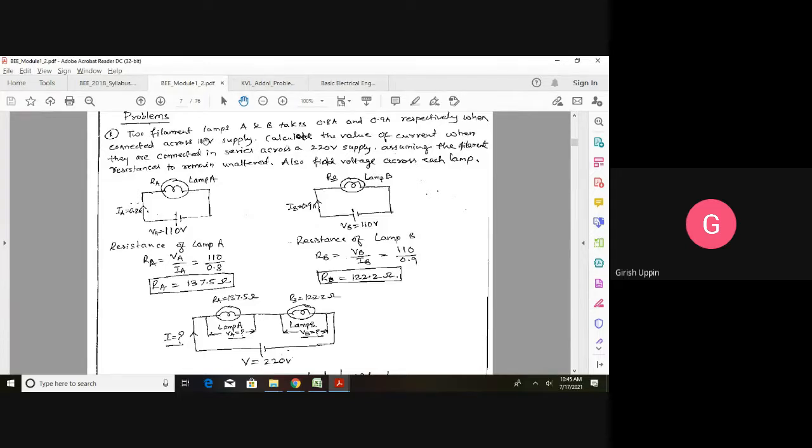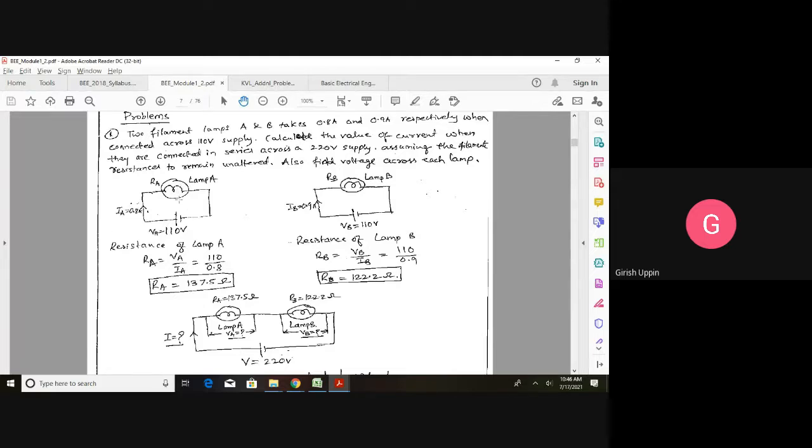So we have two lamps. Lamp A connected to a 110 volt supply takes 0.8 amperes. B takes 0.9 amperes. Now, what we have to find is, if they are connected in series across a 220 volt supply, what is the current it will draw? That is the question. So first we have to find the resistance. I told you the only type of load is a resistance, whether it is a lamp or a fan or anything, it is represented by a resistance.